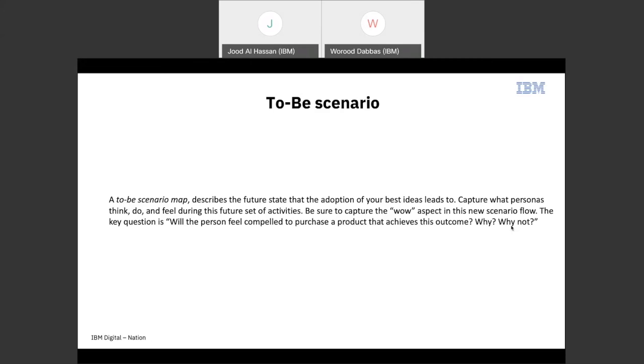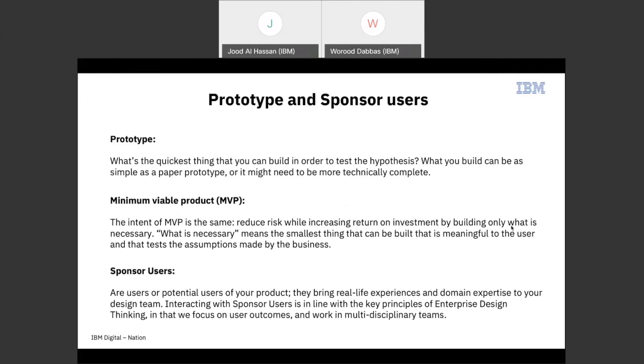After you do the to-be scenario and all is good and you feel that the idea is adding value to your user and it's making a difference in their life, you do the prototype, which is just a quick prototype of your solution, which in our example could be an app, because you guys mentioned a to-do list app or a time management app and so on. It can be anything.